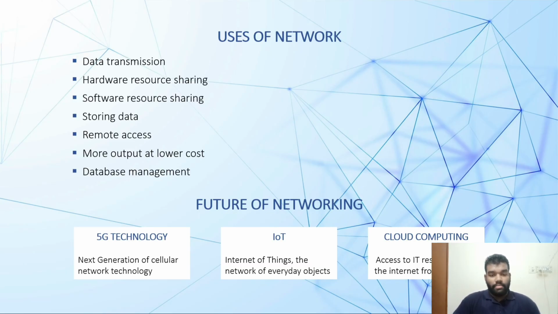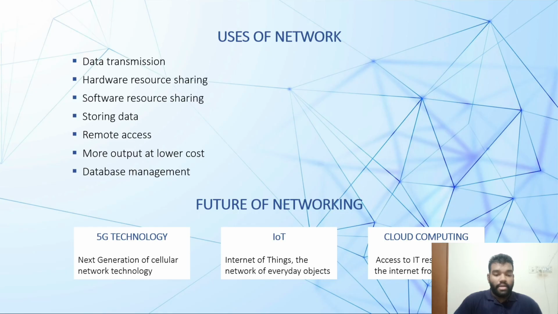Uses of network. The main use of a network is data transmission. Resources like hardware and software can be shared on a network. Data can be stored centrally on a server in a network.